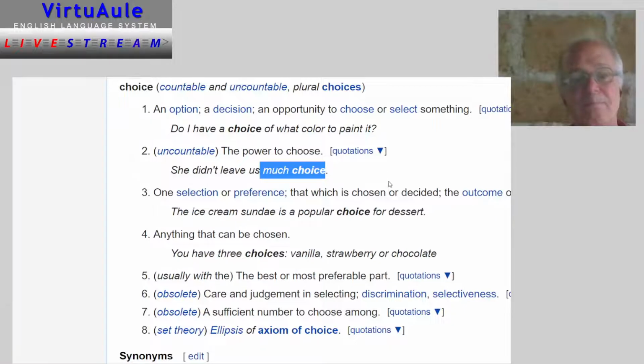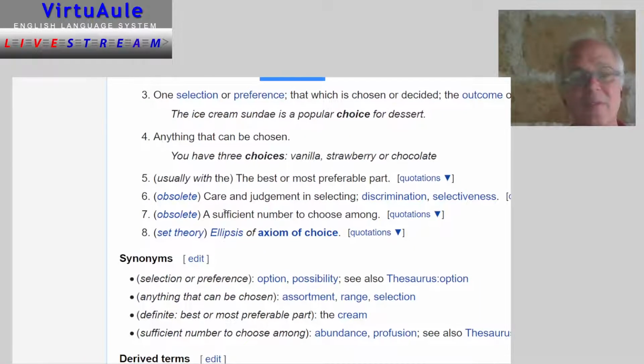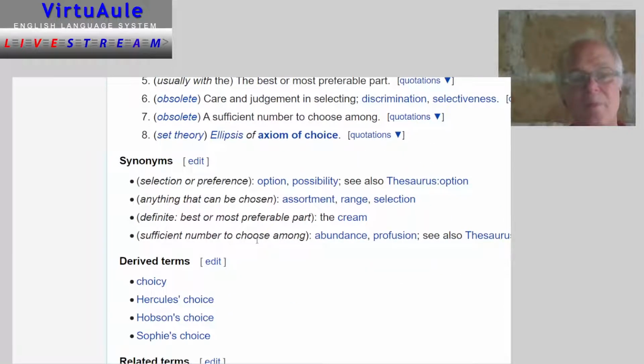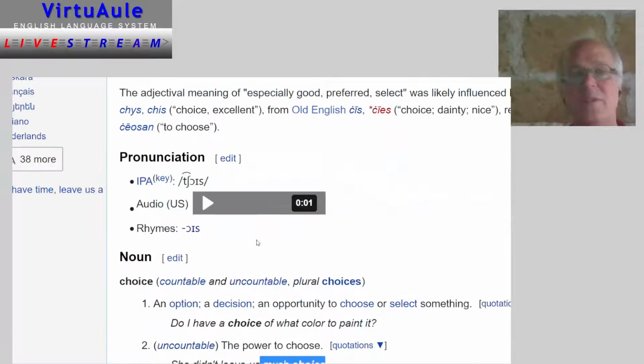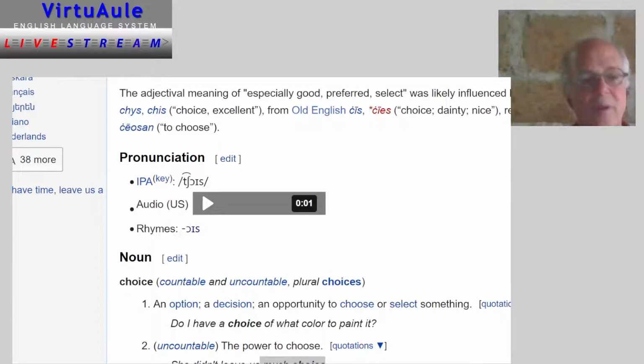Then there are some other meanings which are a little bit interesting if you want to see this, but this is what you need to do in order to expand your vocabulary. Because when you want to expand your vocabulary, you have to make a particular effort, an effort to learn.